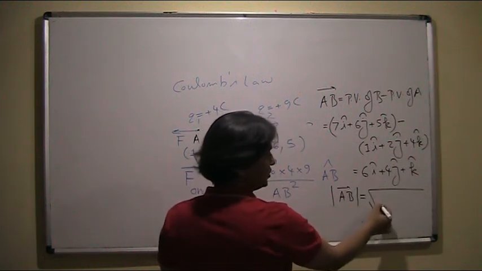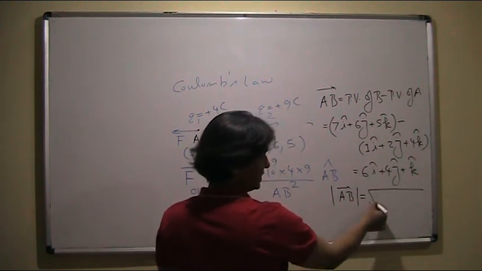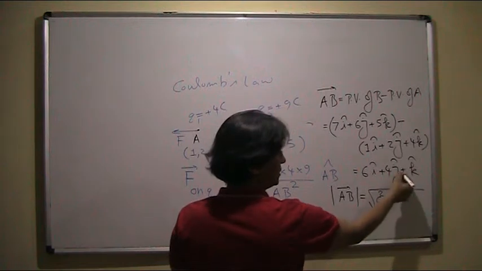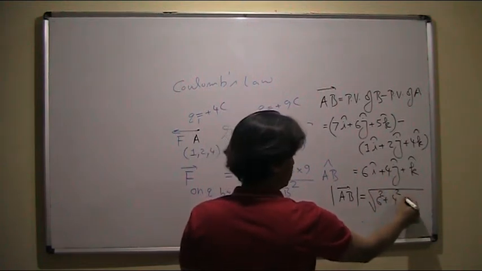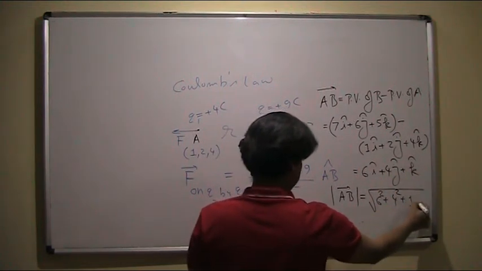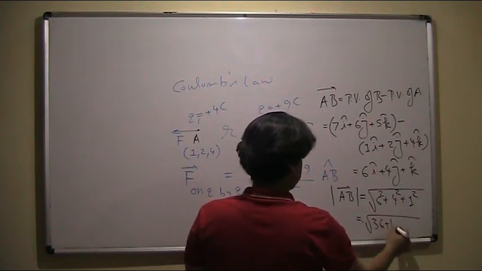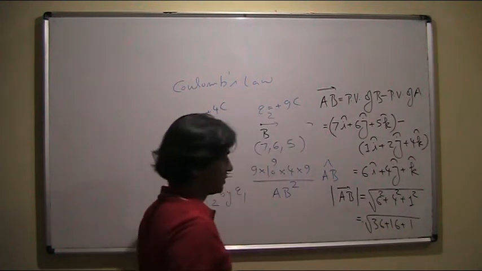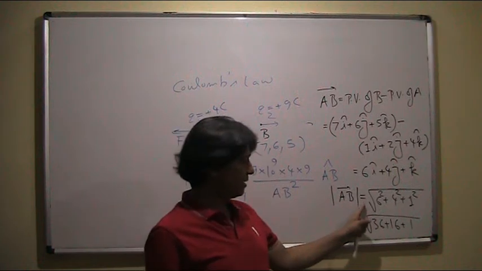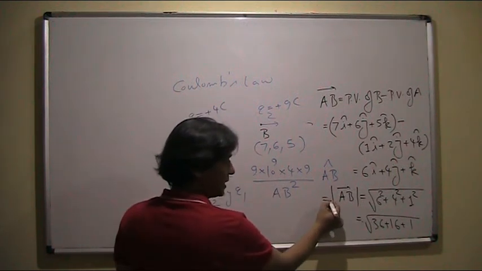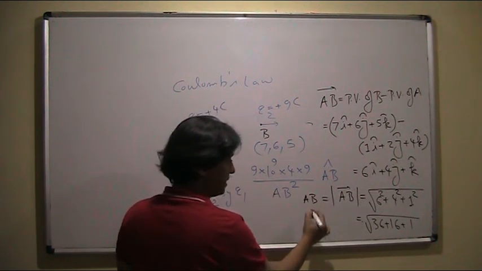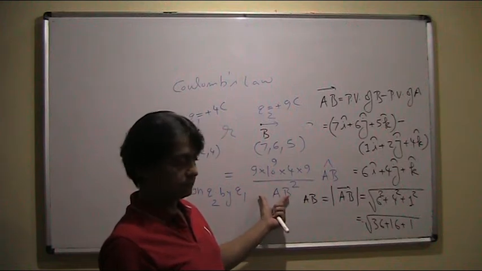I cap, its coefficient is 6, square of 6, square of 4 and square of 1. That gives you 36 plus 16 plus 1. Now that's the magnitude of AB, which can also be written as simply AB, which we are using right here.